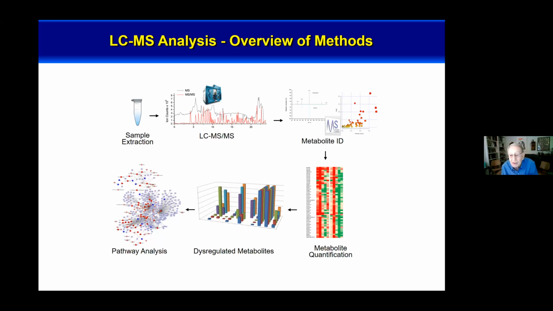We can do variables like time courses of a cell culture or plasmas of different individuals, and we can plot them out in heat maps and look at other fancier plots to compare the peaks and do pathway analysis, as all of this will be discussed in some later sessions in this meeting.